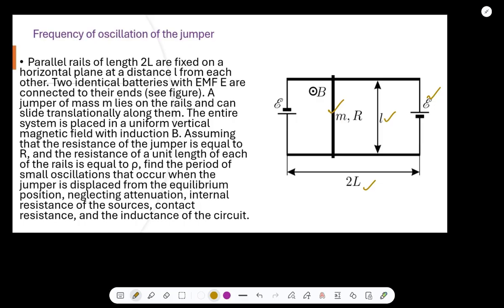So I think our first job is to find out where the equilibrium position of the jumper can be. Since the batteries have the same EMF, when the jumper is in the middle of the circuit, both sides will have the same resistance, and that means the potential difference between the centers of the rails will be zero.